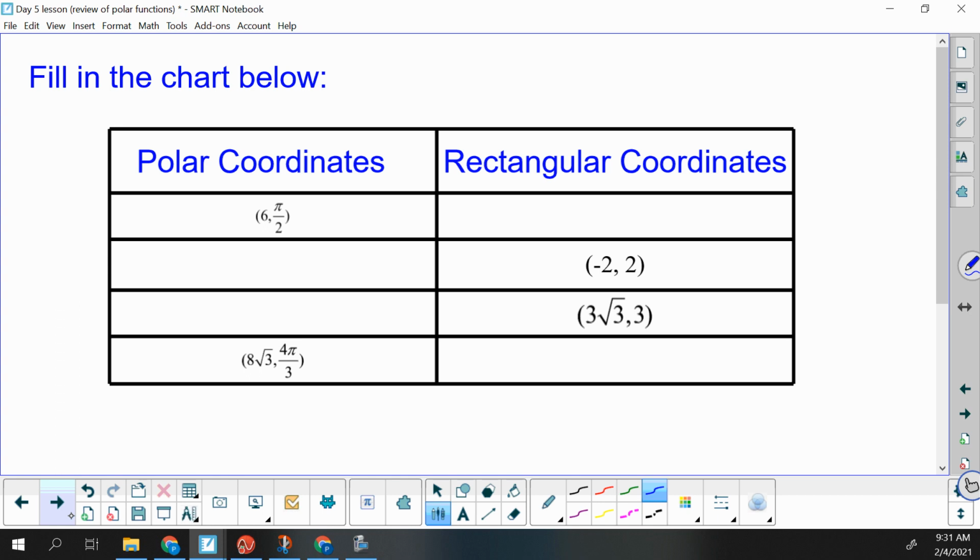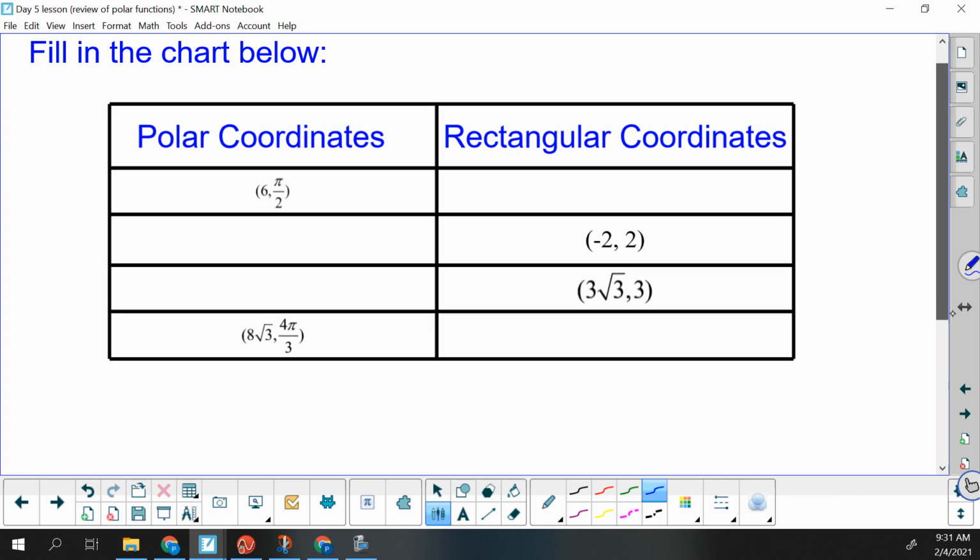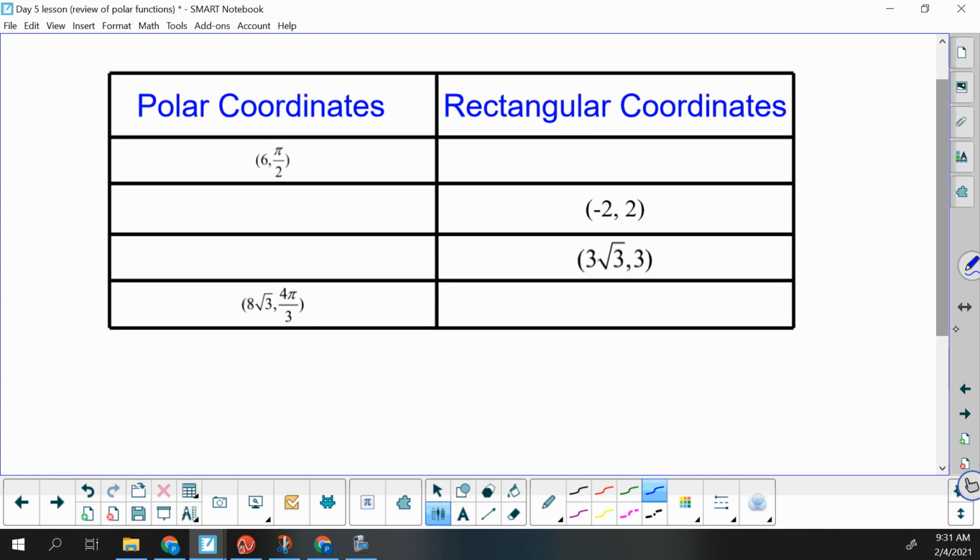All right, moving down to the bottom, we're going to do 2 going from polar to rectangular, and then 2 going the reverse. So we'll do the 2 polar to rectangular ones first. So we'll do the 6 comma pi over 2. So our x is going to equal r times cos of our angle.